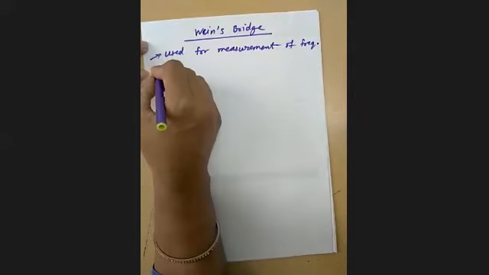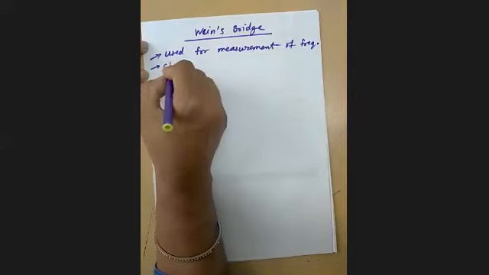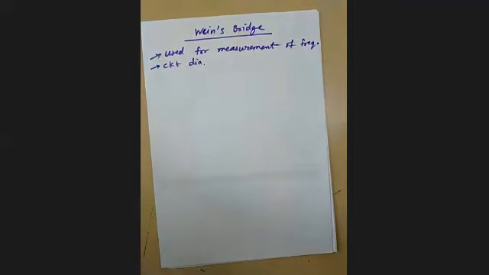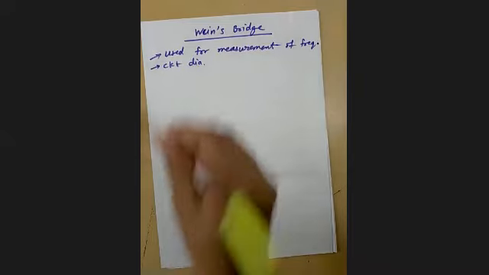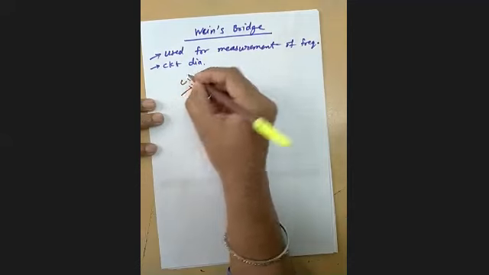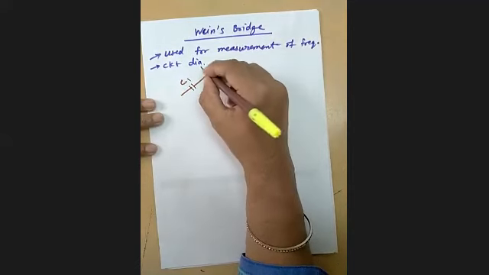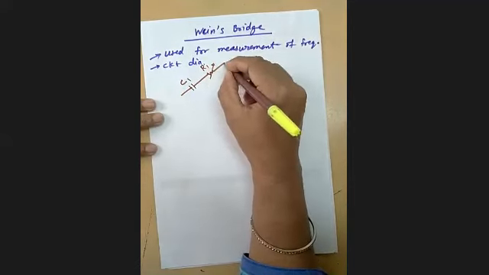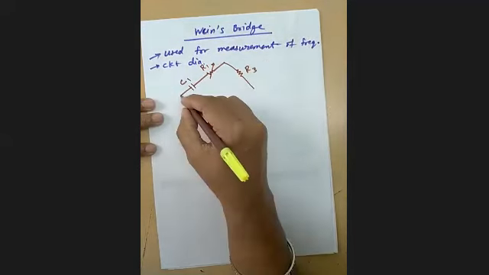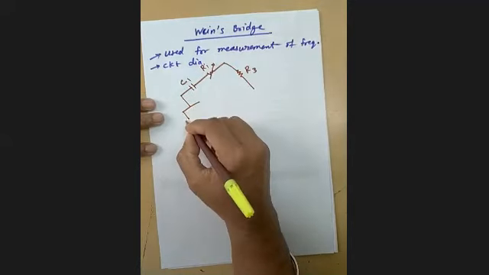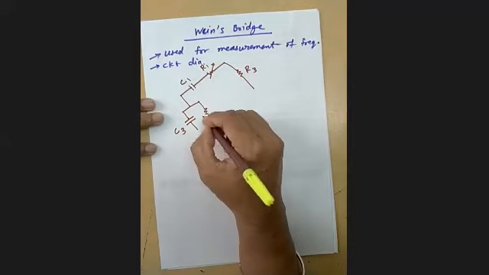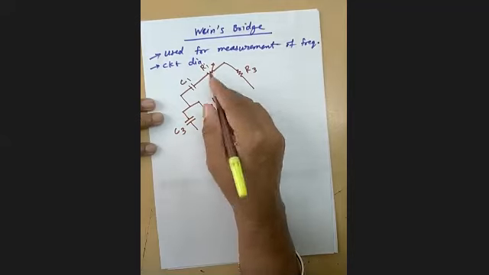Now, this is the use. Next is the circuit diagram. The circuit diagram of the Wein's bridge, I'm drawing here. This is C1, R1. Here, all the values are known to us, like R1, R2, R3, C3. A parallel combination is connected here. Capacitor C3 is connected here. Resistance R3 is variable and R1 is also variable.